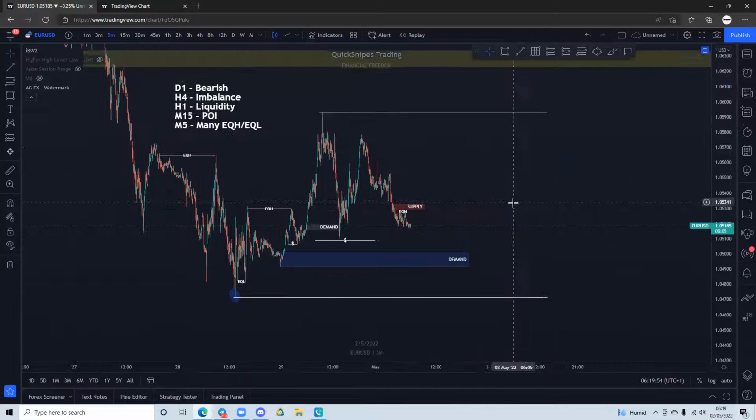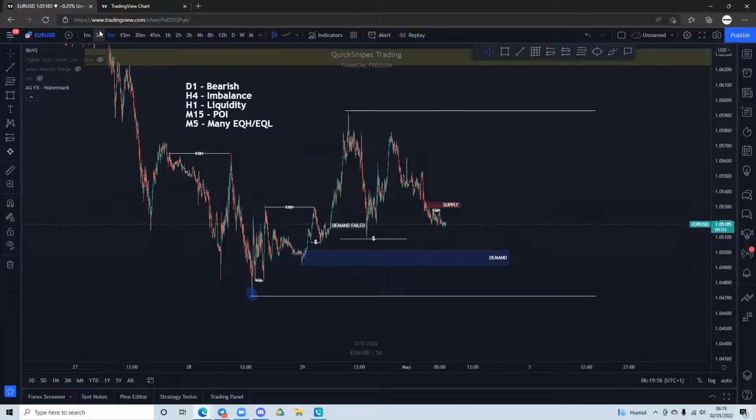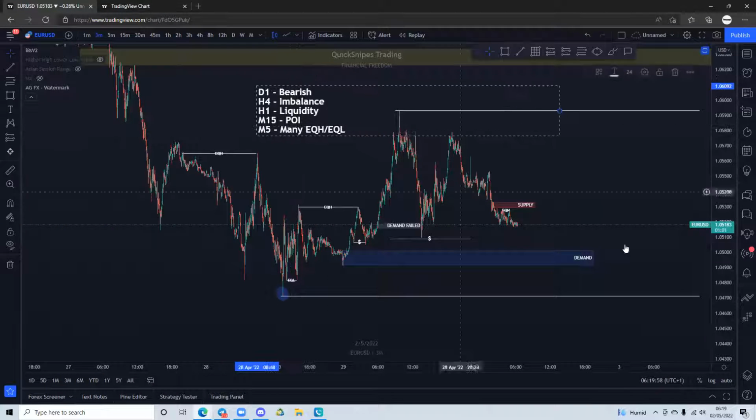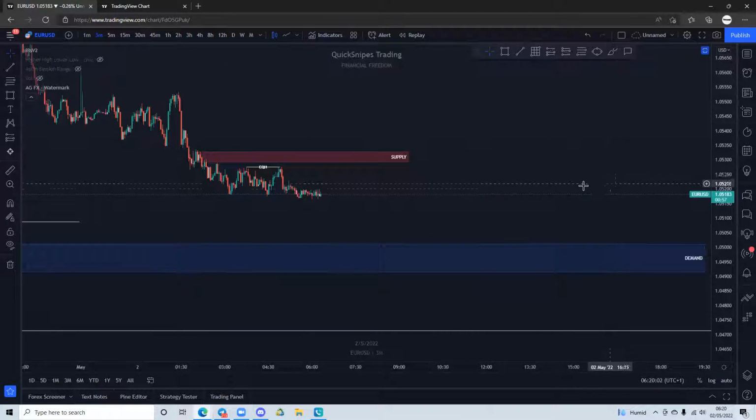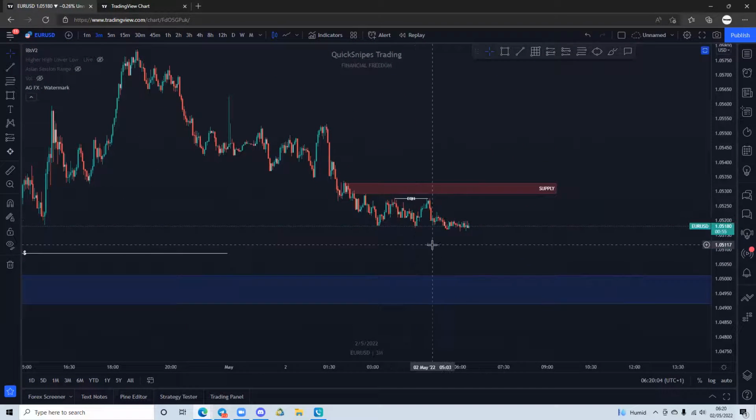Okay, now looking at our 3 minute, what can we see? We can see a bit of a range. Potentially, we could call these equal lows here.